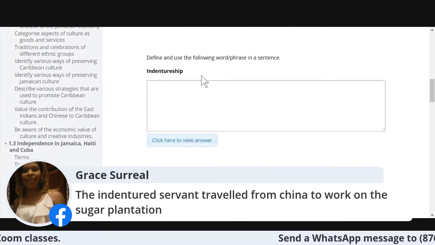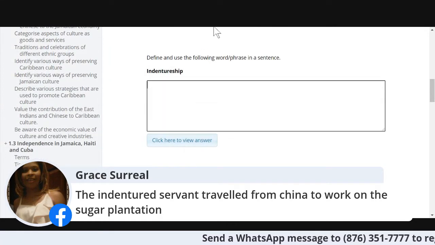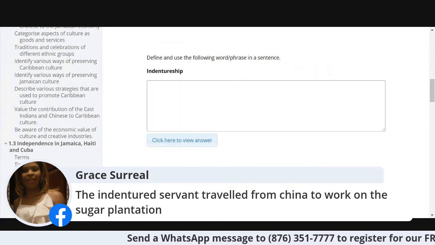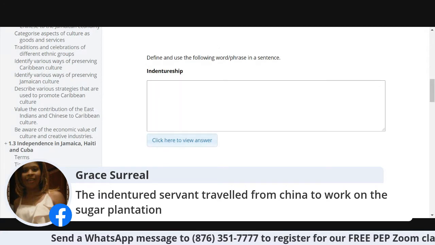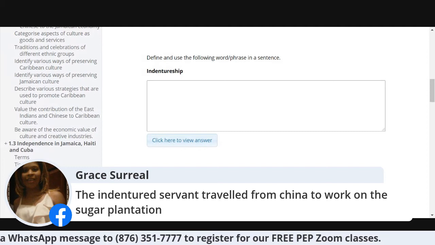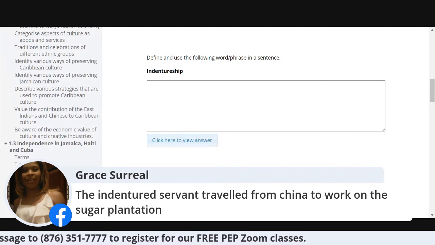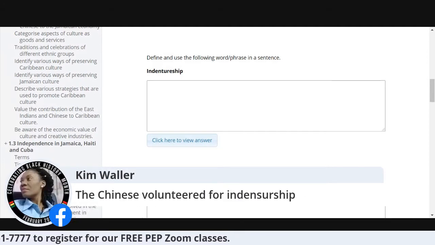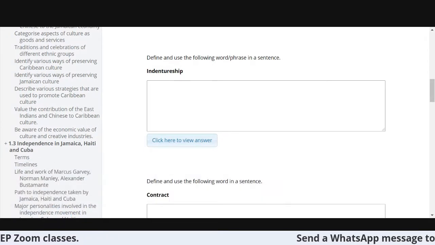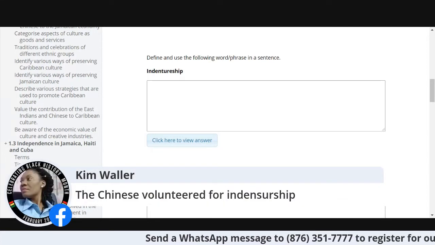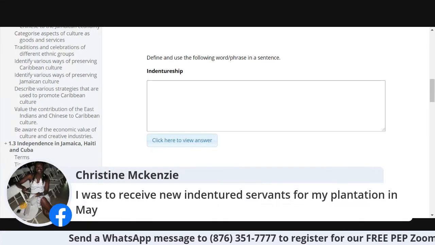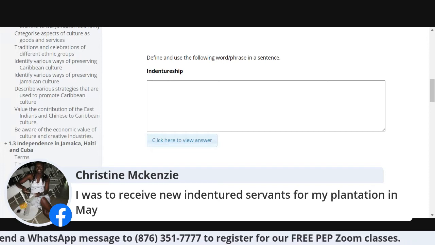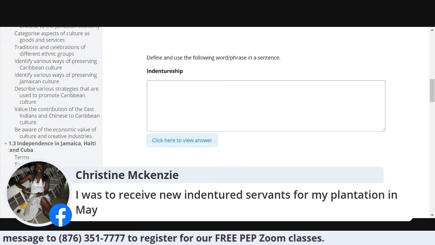Look at indentureship. I want to see how you use indentureship in a sentence. So Kim Waller is saying the Chinese volunteered for indentureship. Okay. Christine McKenzie, I was to receive new indentured servants for my plantation in May.